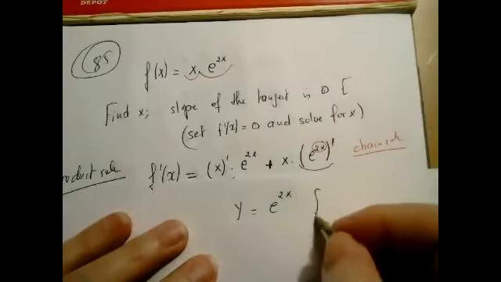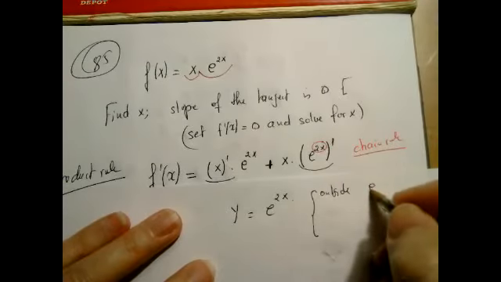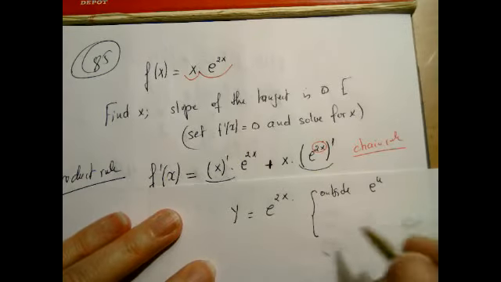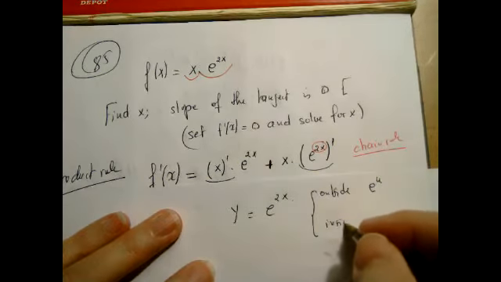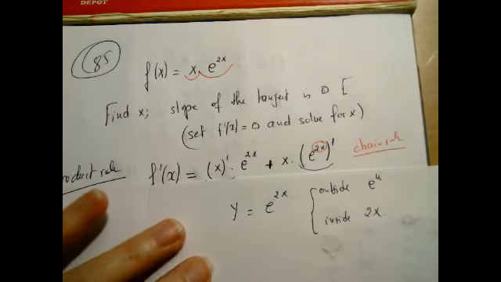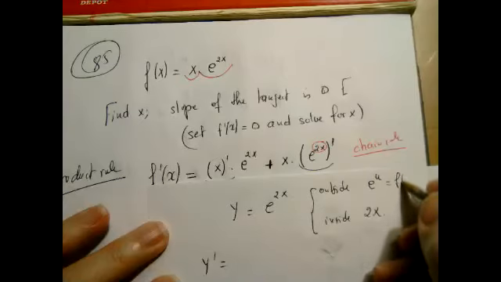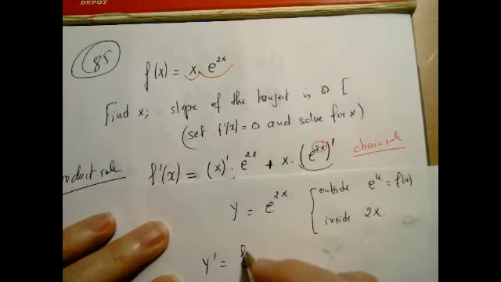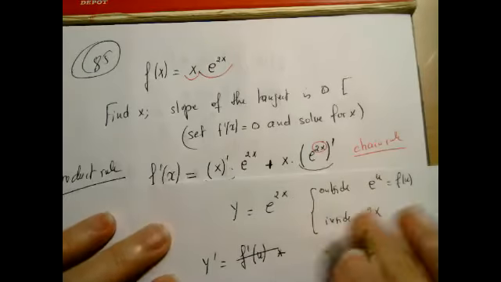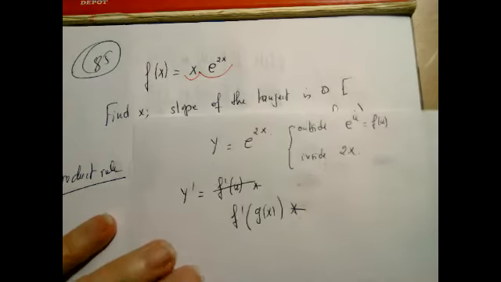So again here, the outside will be e to the u and the inside is the 2x. So I totally isolate this little piece. So the derivative is, let me call this f of u, f prime at g of x, my inside function, times g prime.